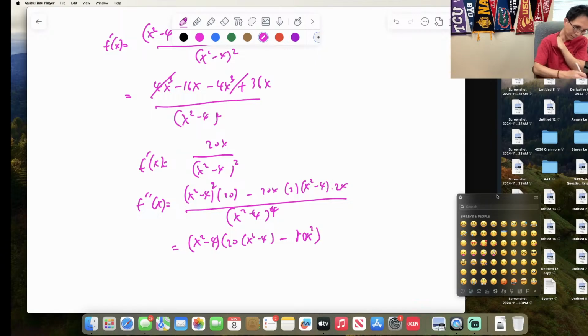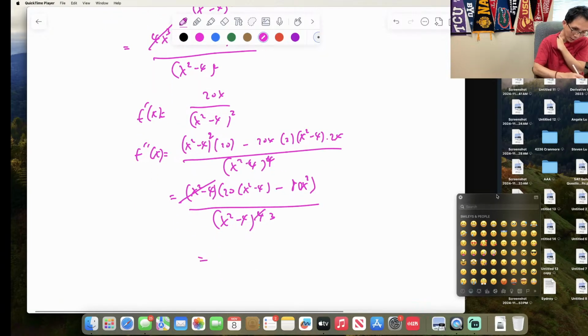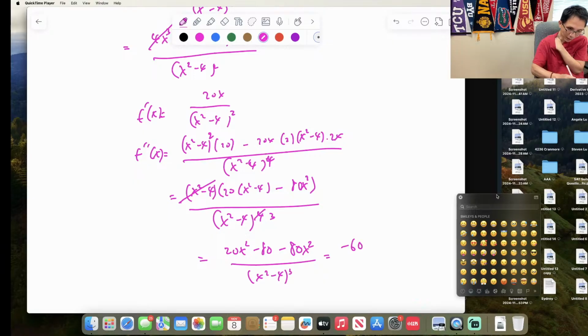Right? Yeah. x squared minus 4 to the 4th. Now I can cross it out. So that's equal to 20x squared minus 80 minus 80x squared all over x squared minus 4 to the third. So that'll be negative 60x squared minus 80 all over x squared minus 4 to the third.